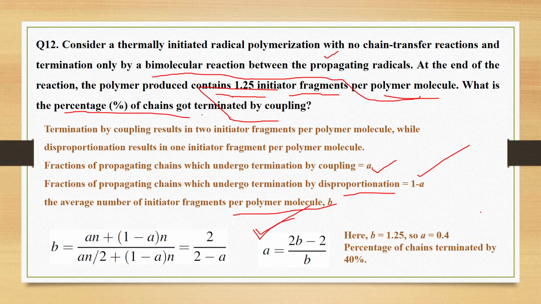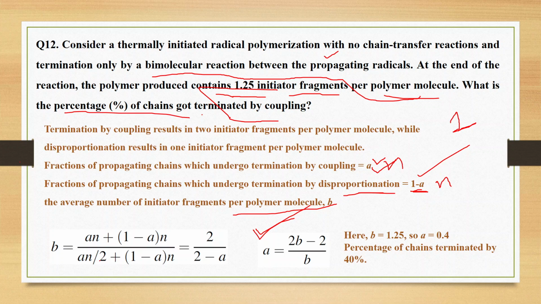Okay, this is just the basic derivation of this equation. If you have A number, the fraction of propagating chains that are terminating by coupling is A. Overall we can take the fraction as 1, so the propagating chains that will be terminated by disproportionation will be 1 minus A. If there are n number of molecules, this will be A n, and this will be (1 minus A) into n.